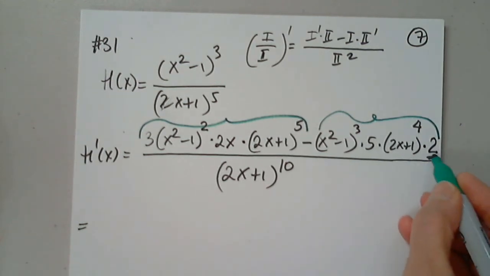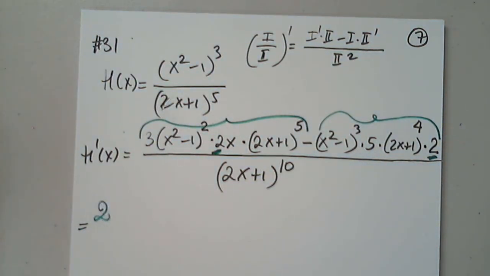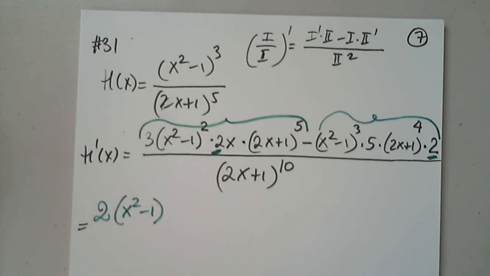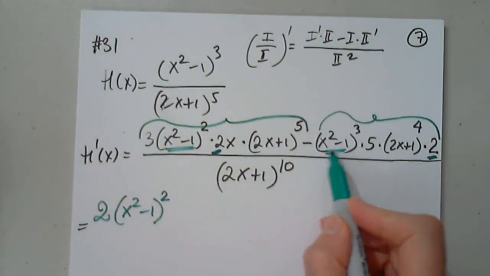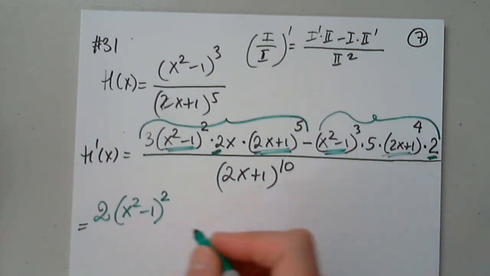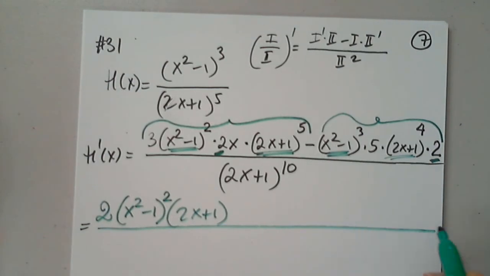So obviously a 2 will go out. Obviously an x squared minus 1, to which power will go out? 2. Exactly, the smallest of the two. So these are common. And also 2x plus 1 will come out to which power? 4.